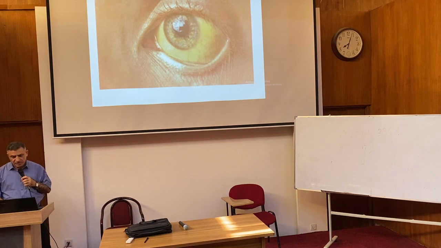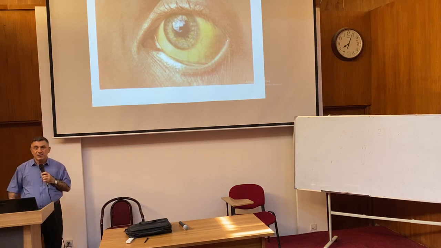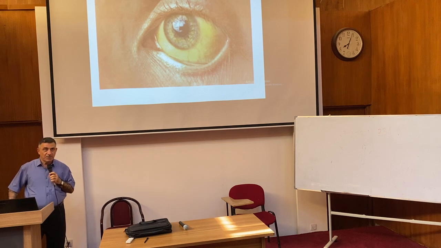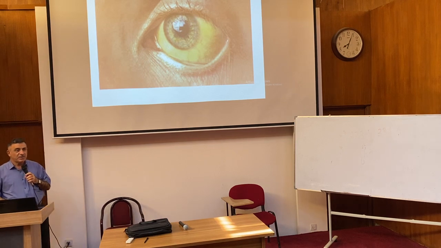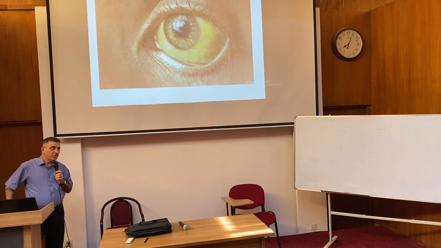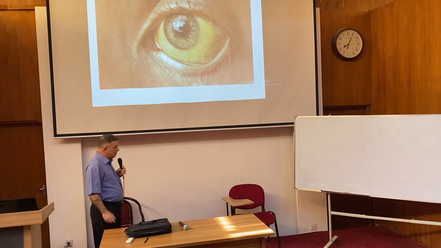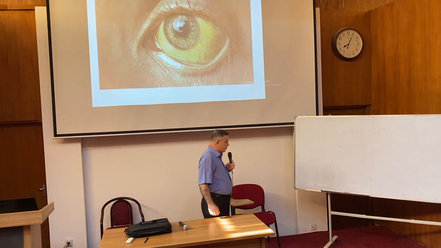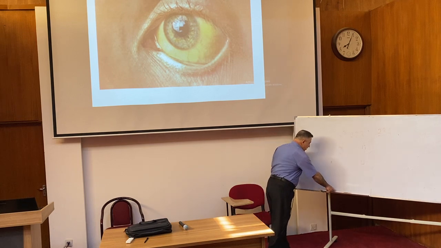This is the yellow discoloration of the sclera, because bilirubin has high affinity for elastin tissue, which is the predominant tissue in the sclera. For that reason, it is usually seen first at the sclera. And when it is only seen, sometimes in early stages, only in the sclera, then it is called icterus. And when we say jaundice, it means the skin also has become yellow.